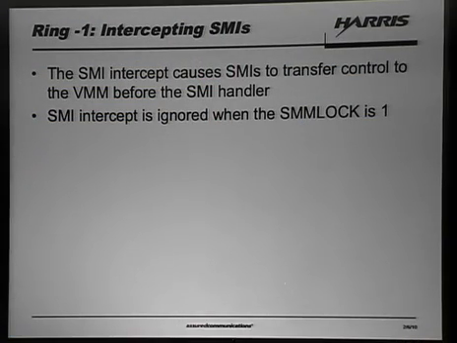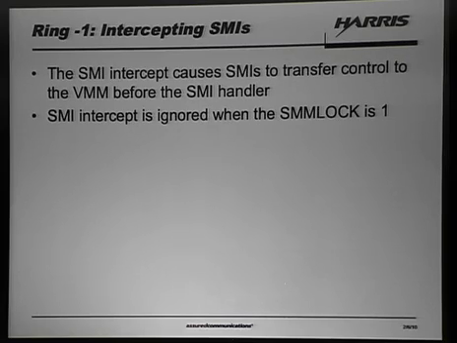What happens with the intercept is that it says, okay, when this is asserted and the SM lock is 0, when I get an SMI, transfer control to the virtual machine monitor. If the SM lock is set, which a lot of BIOSes will do to make sure you're not messing with this from the OS code, that actual SMI intercept is ignored. The hardware just doesn't actually set the intercept, and the original handler is invoked. So once that bit is set, you're kind of in trouble.